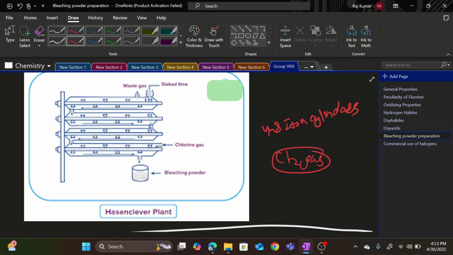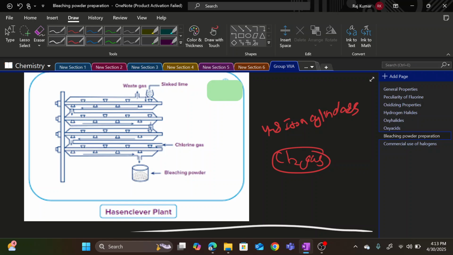Now, some drawbacks of this plant is that a lot of chlorine gas is present in the lowest cylinder, and by the time slaked lime reaches the lowest cylinder, the chlorine gas is lost or diffused into the air, due to which a lot of economic loss happens.